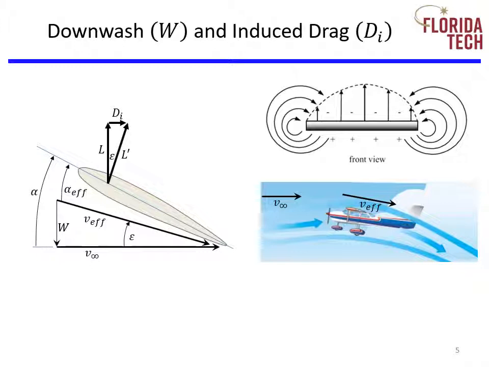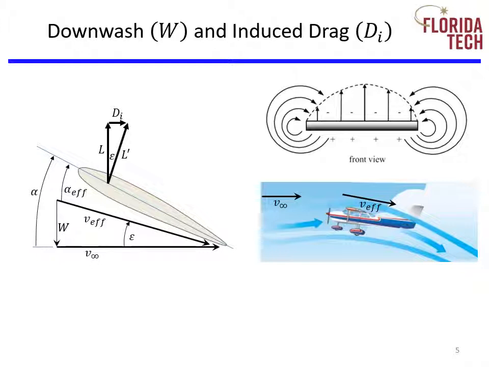These vortices won't be present if there are no wingtips. They also will not be present if the wing is generating zero lift, where equal pressures on lower and upper surfaces exist. Let's give the downwash velocity the symbol W and superimpose it on the free stream velocity V infinity.